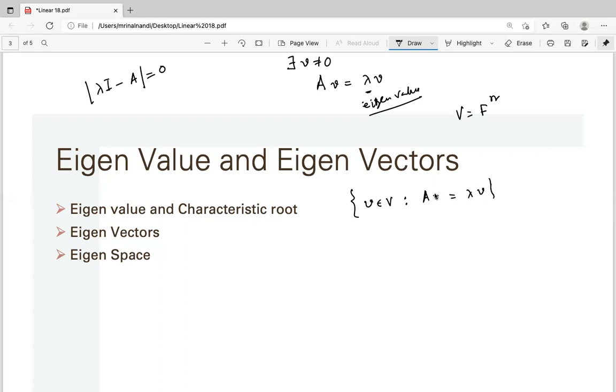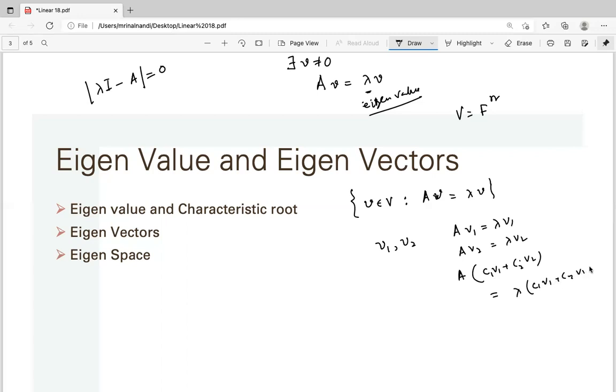Now, is this a subspace? Yes, this is a subspace, because say V1 and V2 are two elements here. So AV1 equals lambda V1, and AV2 equals lambda V2. Then A of C1 V1 plus C2 V2 is equal to lambda of C1 V1 plus C2 V2.